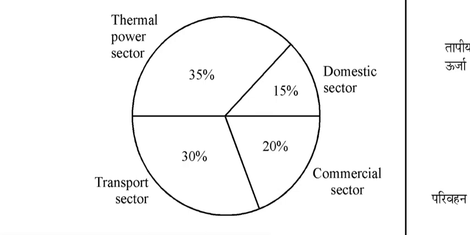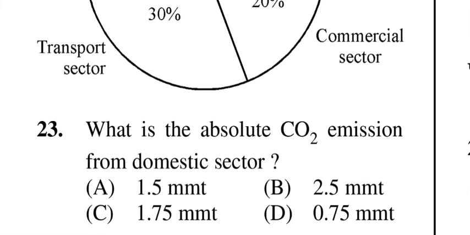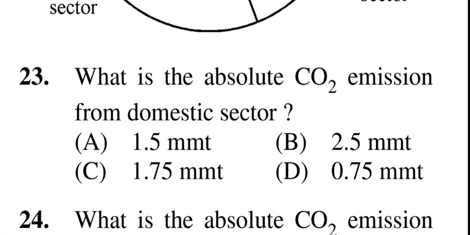Thermal power sector has 35%, transport sector has 30%, domestic sector has 15%, commercial sector has 20%. After studying this pie chart, we now answer question 23.